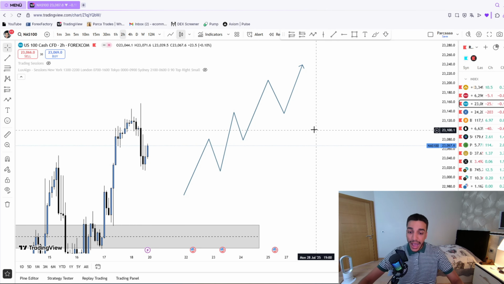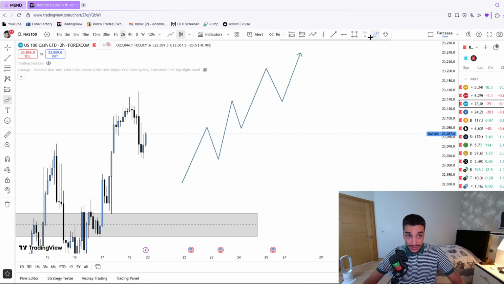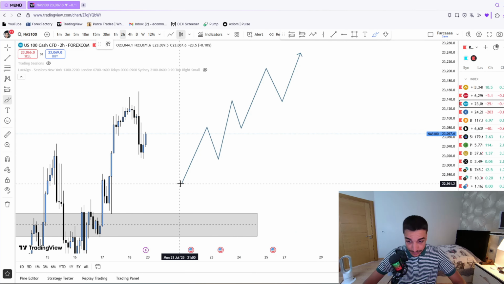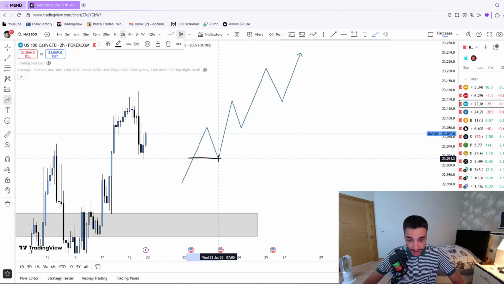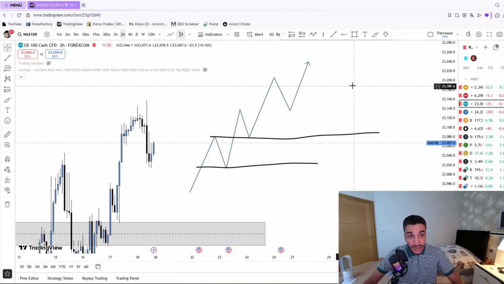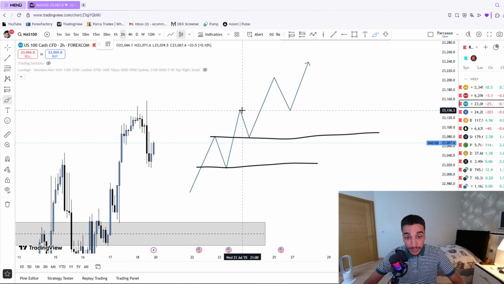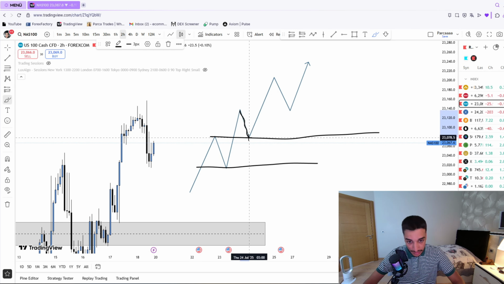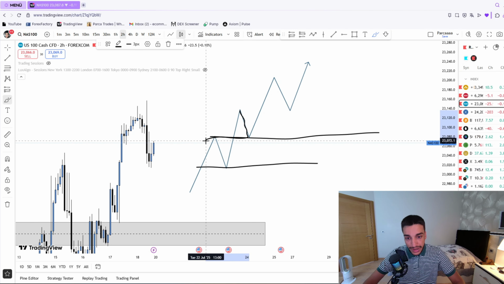All right. So first, what do we have to wait for? We have a floor area right here, and we have a roof area right here. So how can we trade? We can wait for the price to create another floor right here, which means this roof turned into the floor, and we will have a support area.